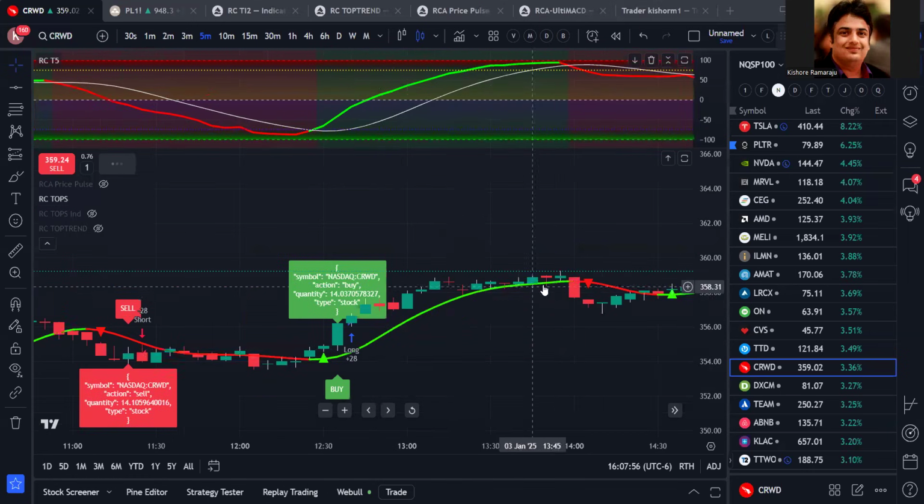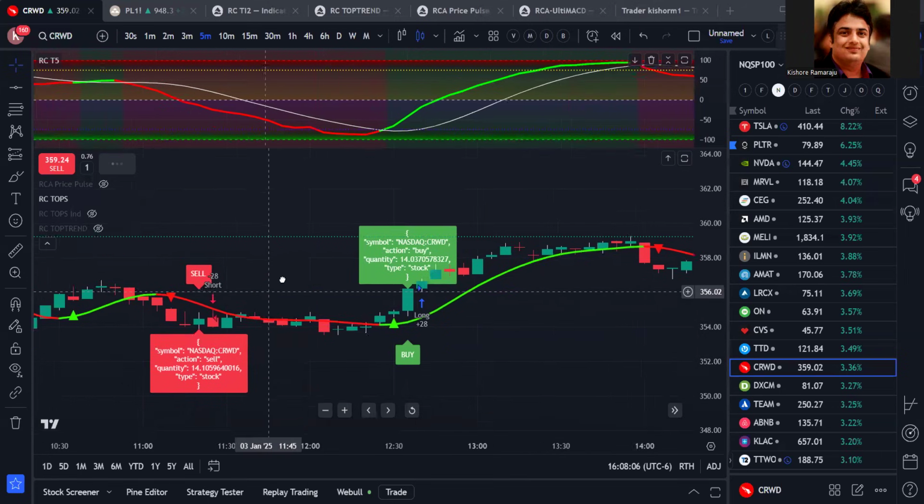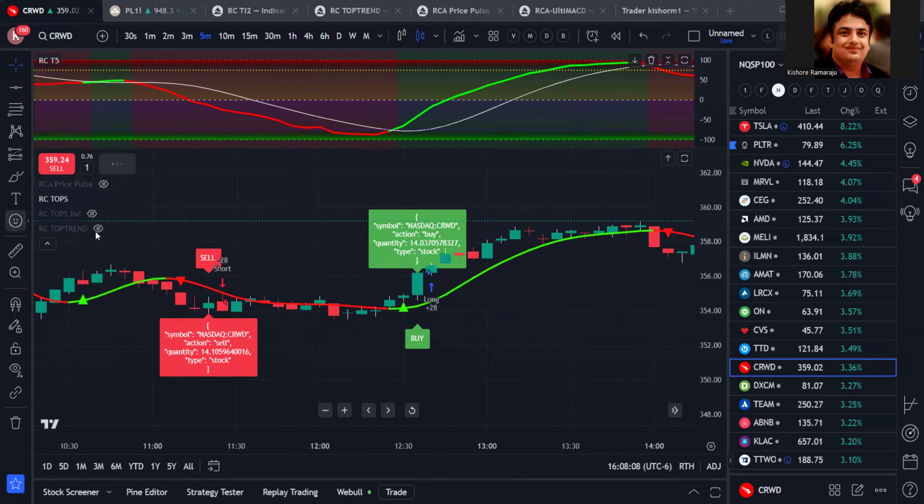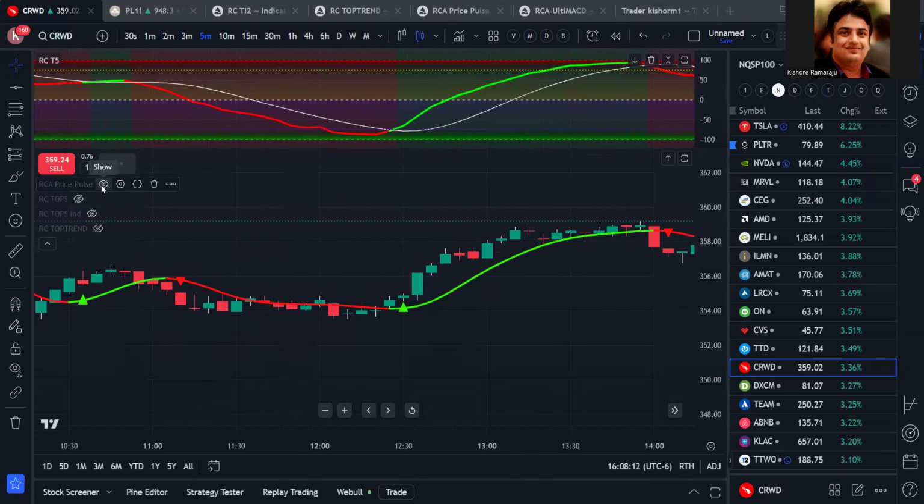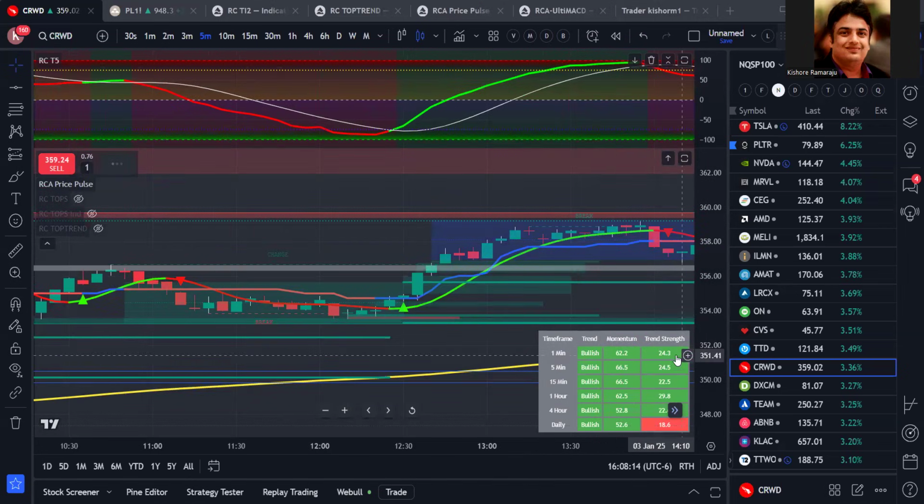Again, it started going up, so it made profits. But if it again goes down, again goes up, again goes down, again goes up, that is where your strategies can give a loss. If you are doing it manually, you can always look at whether your strength is strong or weak, and then take a decision to buy or not.